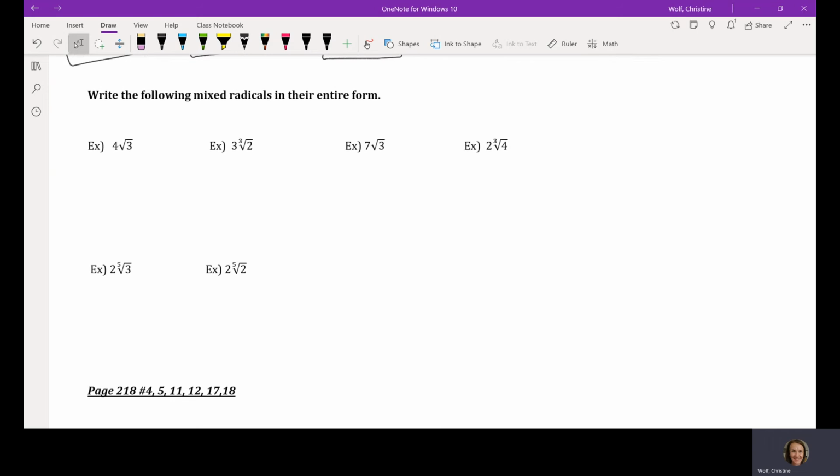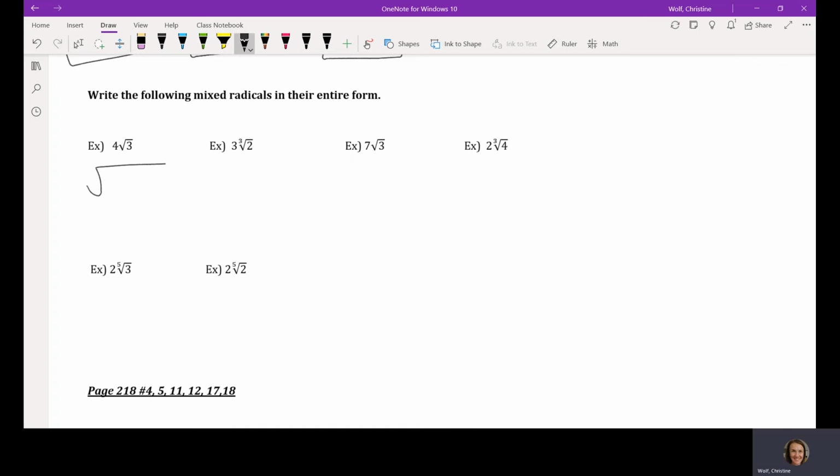Okay, these questions here are just the opposite. So these go way faster, actually. It's like I give you the answer, the mixed form or the simplified form, and you have to return it to its entire form. So all we do here is, well, this is a square root because there's no number there, right? So square root.